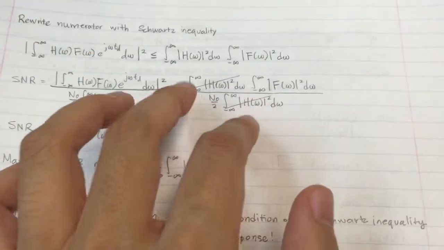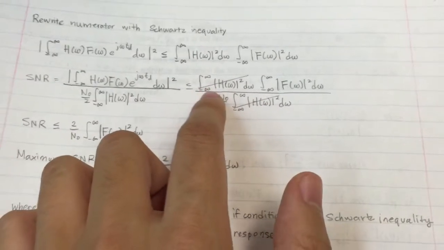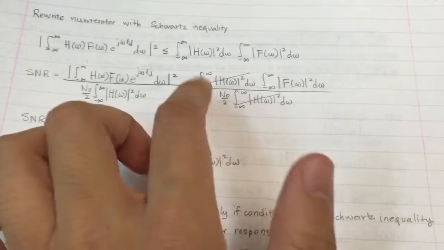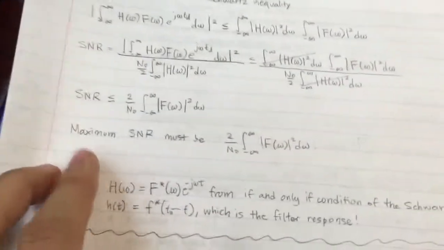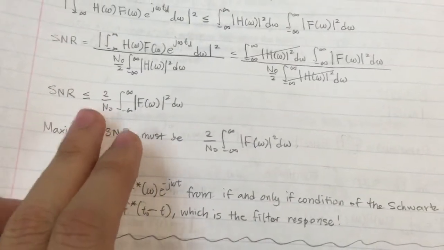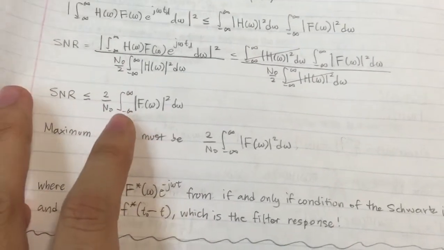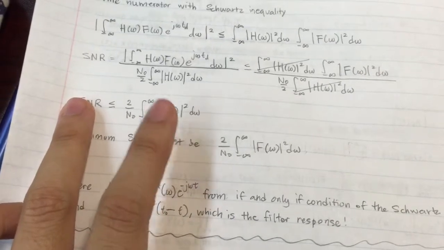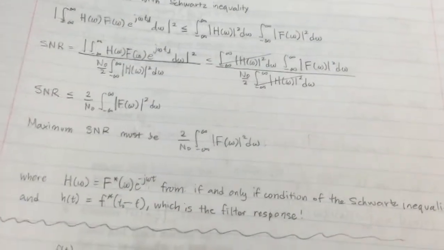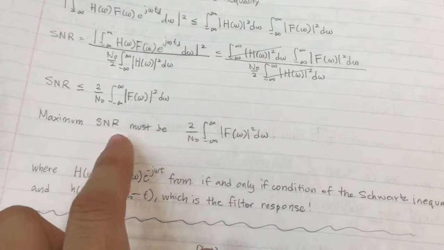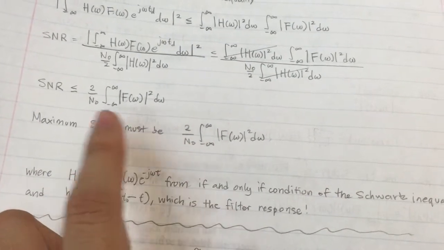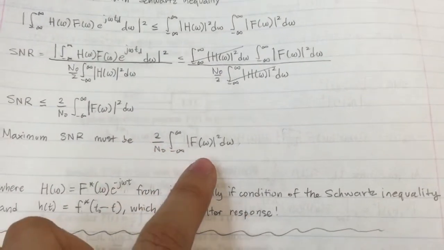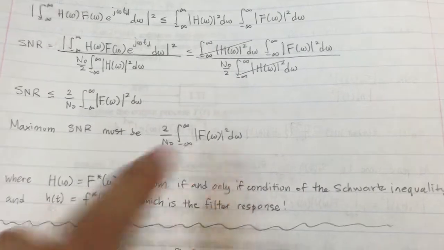We can cancel out the absolute value squared of H(omega) on top and bottom, so we are left with SNR less than or equal to 2 over n naught times the integral of the absolute value squared of F(omega). Since we maximize this, SNR must equal 2 over n naught times the integral of the absolute value squared of F(omega).